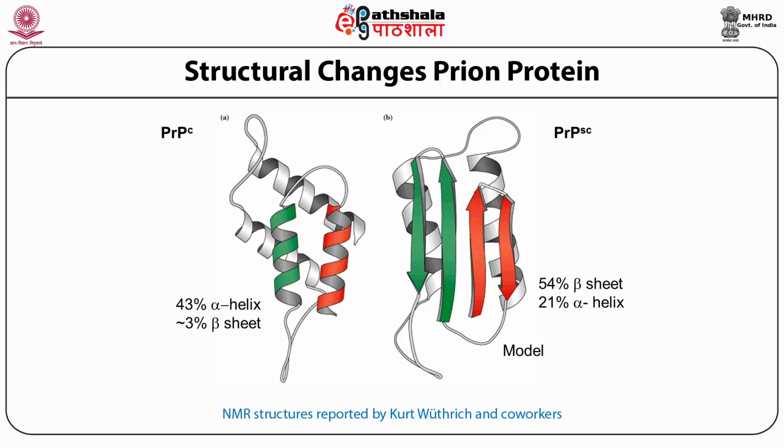The right side is a proposed model where an insoluble fibrous protein structure forms. Here the alpha helical conformation goes down to 21% and the beta sheet conformation is increased to 54%, and these beta sheets are expected to stack with each other and form a longer fibrous polypeptide.